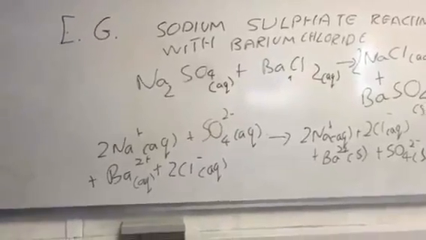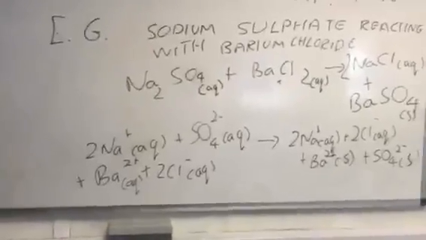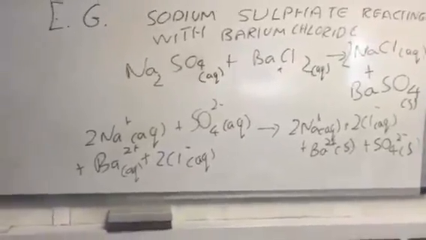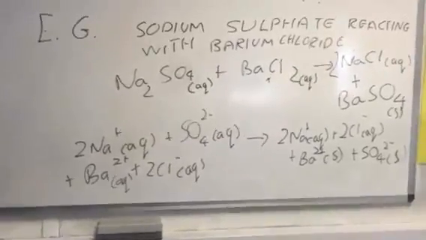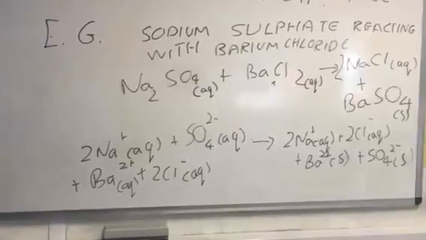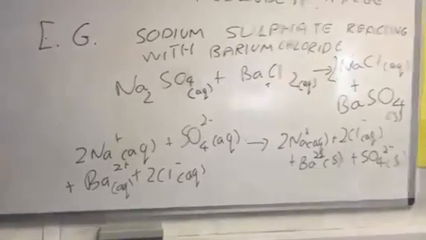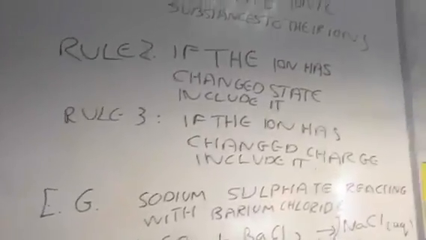The sulfate ion has started off as a 2- charge, it's ended up as a 2- charge. The barium ion started off as a 2+ charge and ended up as a 2+ charge. The chloride ion has started off as a 1- charge, and ended up as a 1- charge. So, none of them have changed charge.